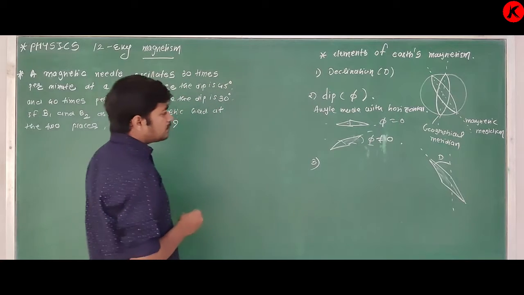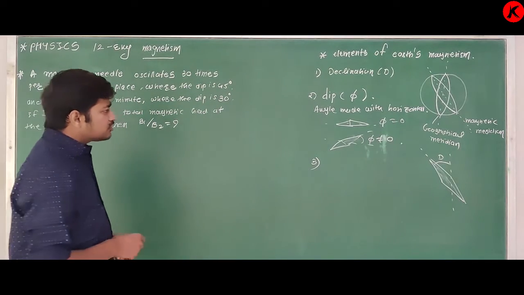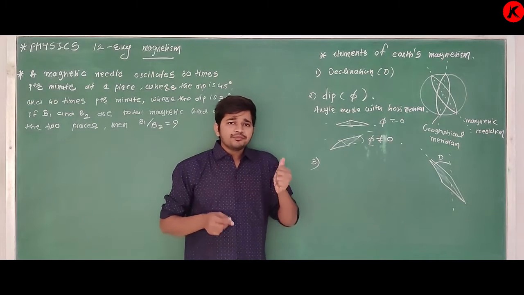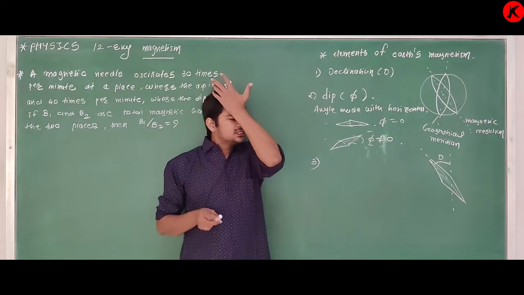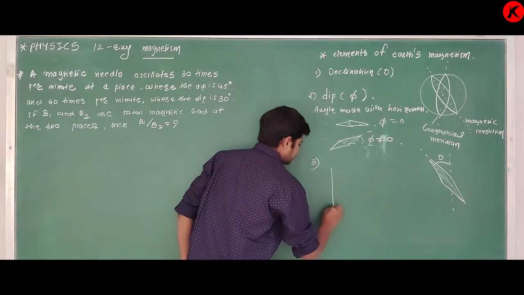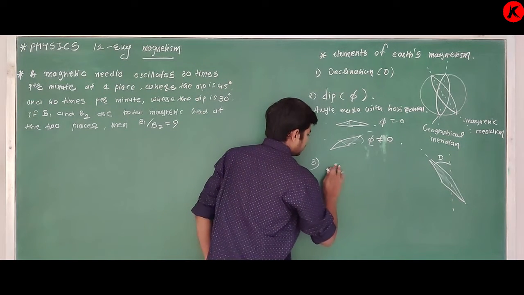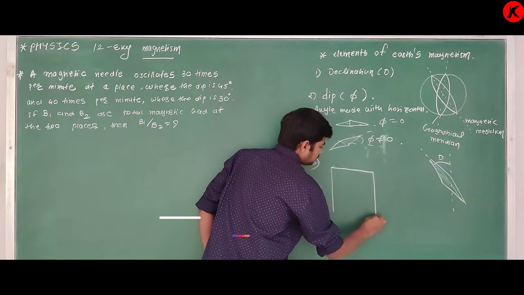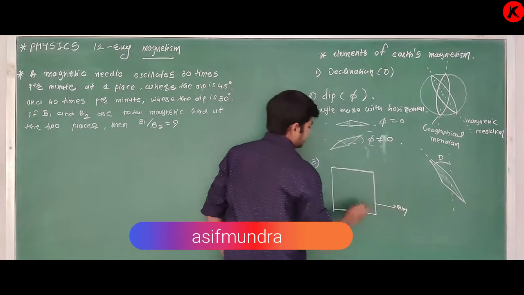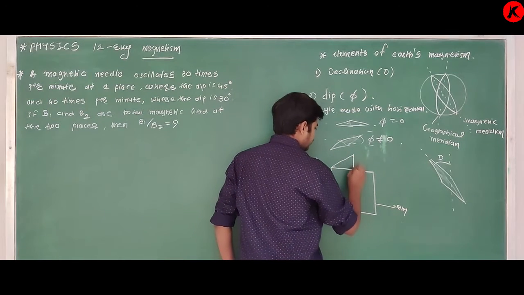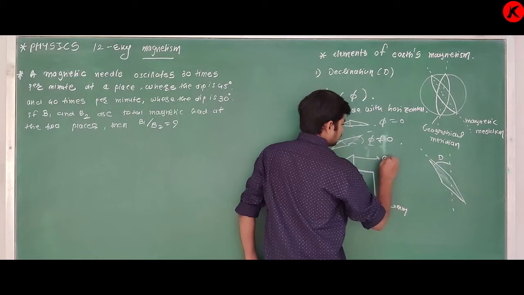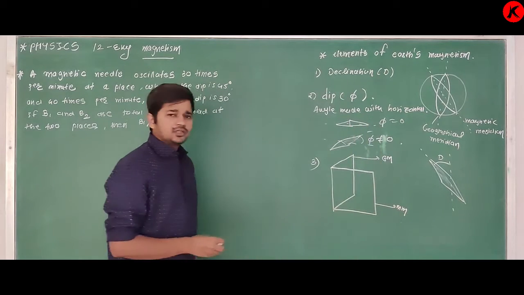Then number 3 is the most important one. Two components of Earth's magnetic field. Say I will draw like this. Let this be one plane called magnetic meridian. It is another plane called geographical meridian.